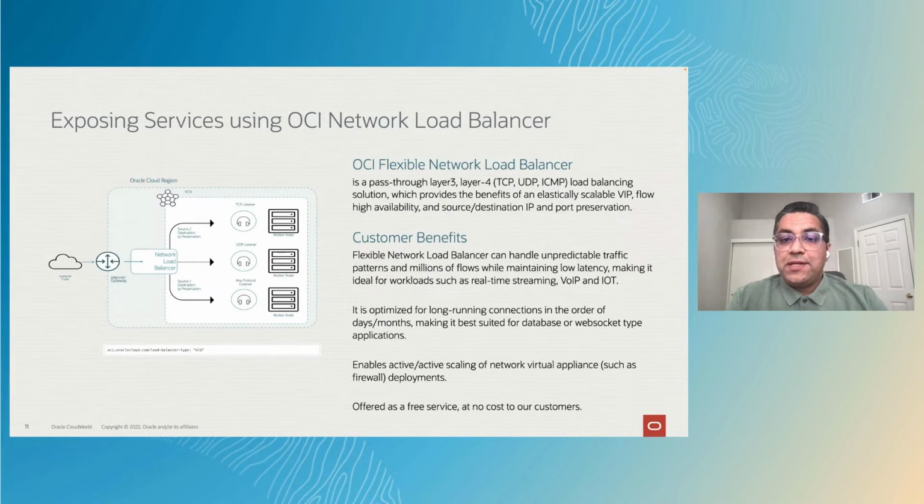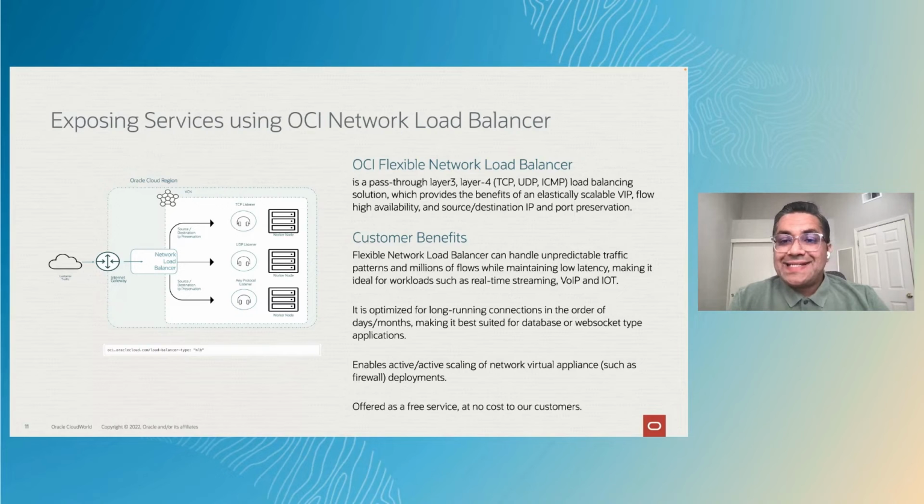This is another option you can use to expose your application, where you define the load balancer type to be the network load balancer that will create that NLB for you. And an OCI network load balancer is a non-proxy load balancing solution that performs pass-through load balancing of OSI layer 3 and layer 4 for workloads.